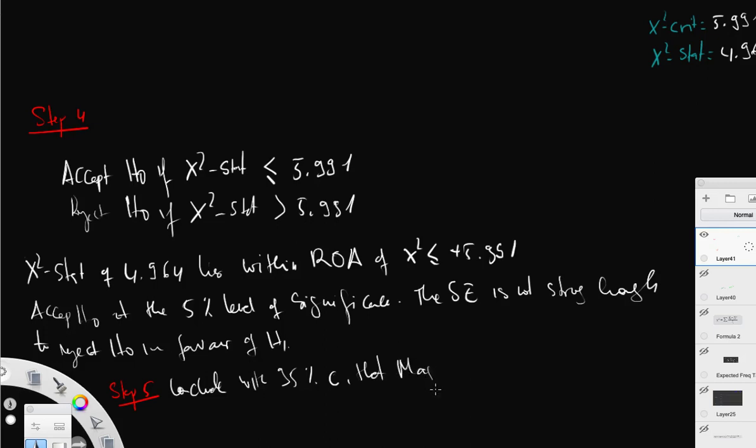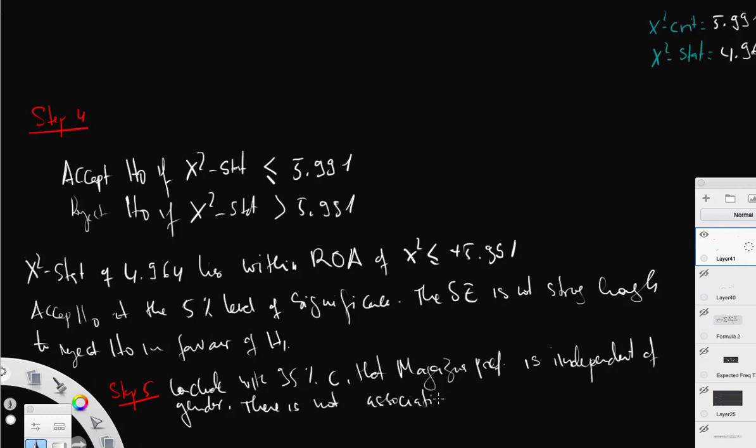That magazine preference is independent of gender. Or alternatively, I'll say that there is no association between the two.